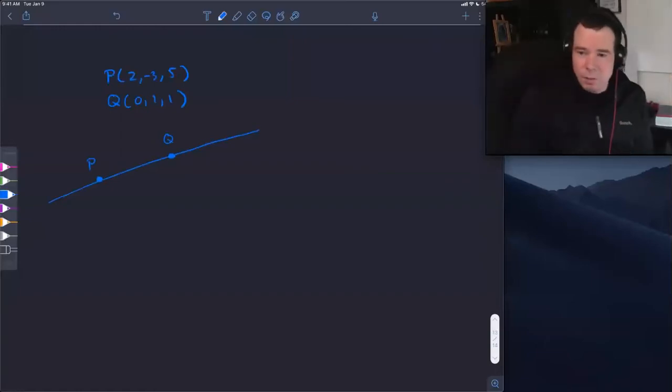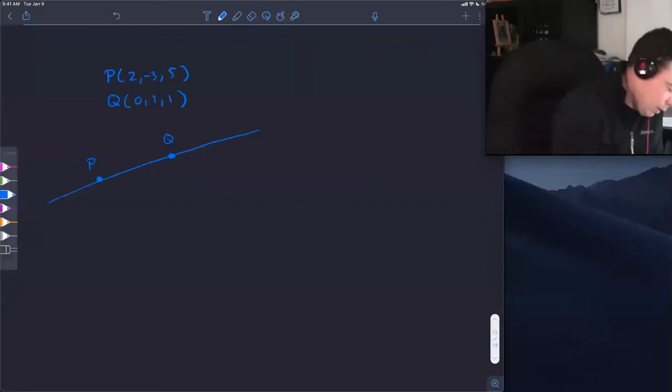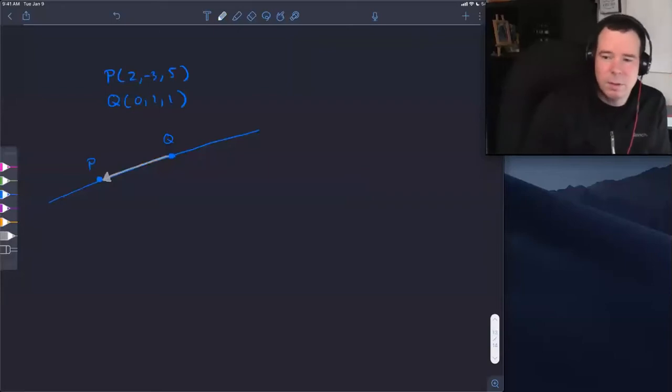We're trying to find the equation of the line that passes through these 2 points. So if that's P and that's Q, we need to find a vector that points in the direction of the line. We could do P minus Q or Q minus P. In other words, I could take the vector that starts at P and goes to Q, or starts at Q and goes to P. In the options I gave you, I forced you to make one of the choices over the other, just because it's a multiple choice system.